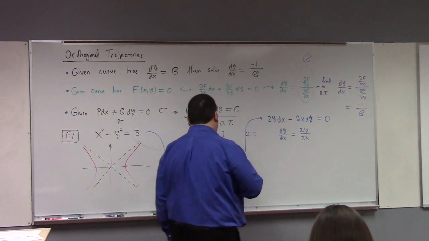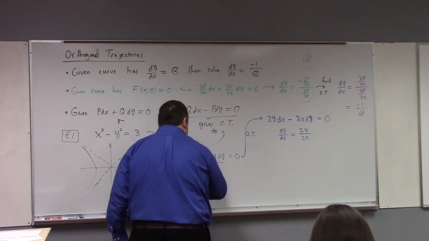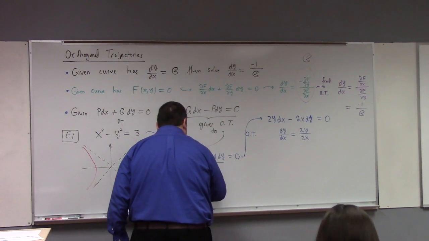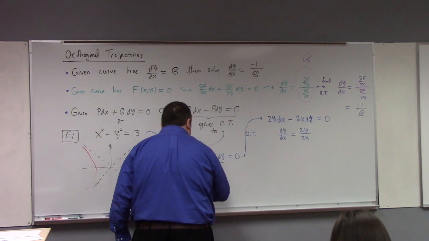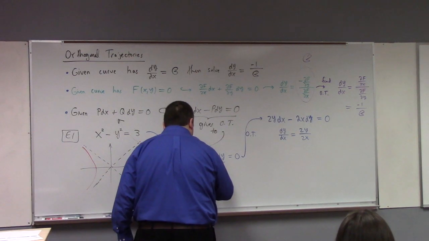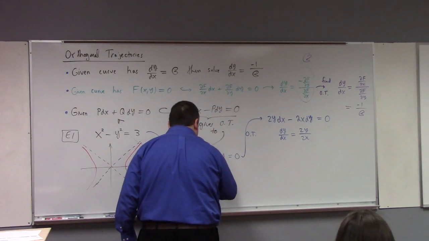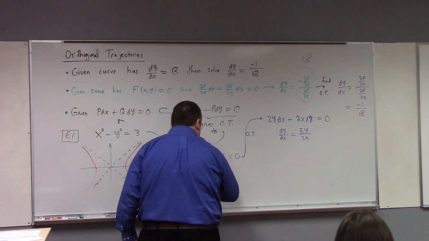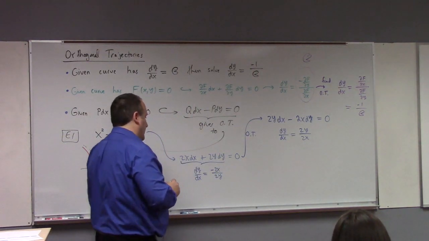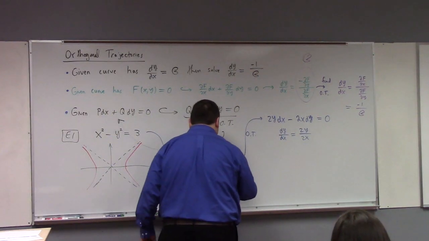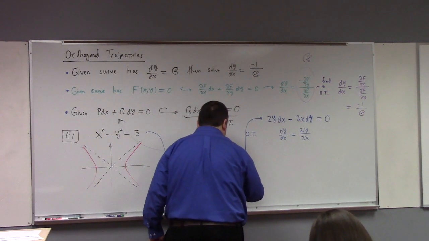Let me just check it. If over here I'd solve for dy/dx, what would I have gotten? dy/dx equal to minus 2x over 2y, right? So that's minus x over y.